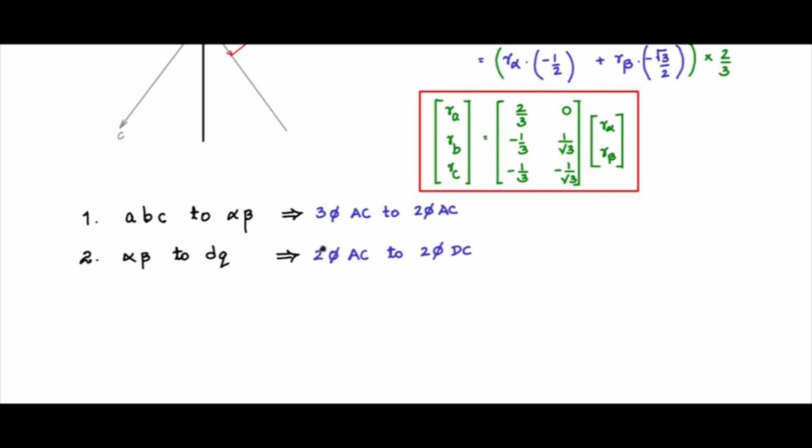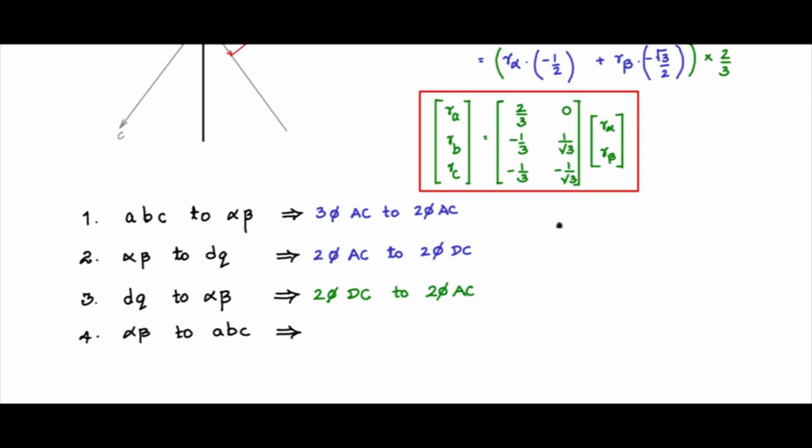So this is the forward transformation. We can also have the reverse transformation, DQ to alpha beta. The DC quantities in the DQ coordinate system get converted to two-phase AC quantities in the alpha beta coordinate system. So it is a two-phase DC to two-phase AC transformation. Now the fourth one is from alpha beta to ABC.